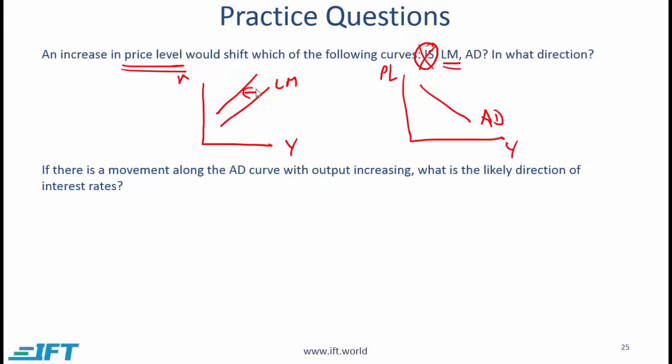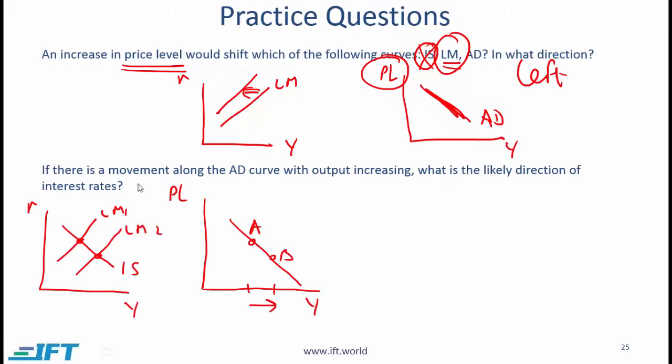But remember, these shifts were part of the derivation of the aggregate demand curve. So a change in price level would simply mean that we are moving along the aggregate demand curve. So in terms of a shift, the only curve that shifts over here is the LM curve, and it will shift to the left.